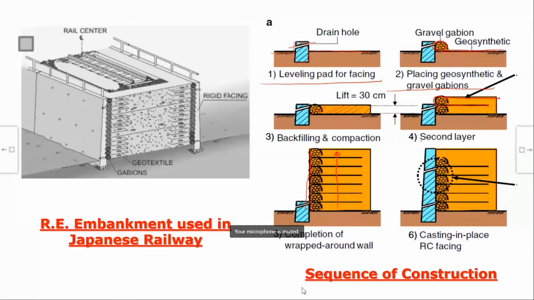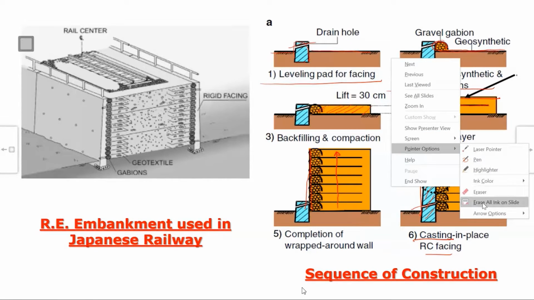After that, they put a shutter here and cast this fascia in one go. So it is one panel, full height, cast in situ, and through this, of course, they have drainage outlets at suitable places. So cast in place RC fascia, full height. This is the construction sequence which is followed in Japan.